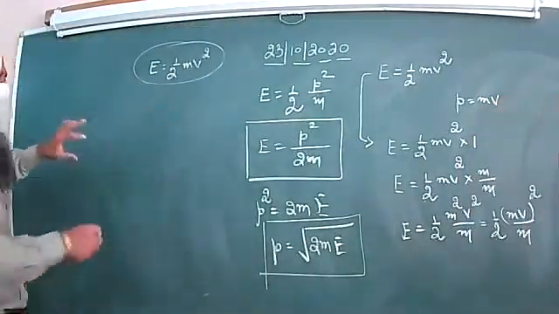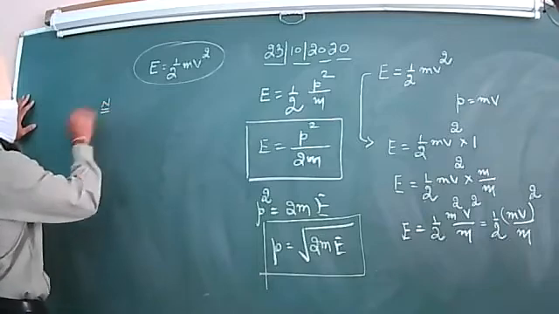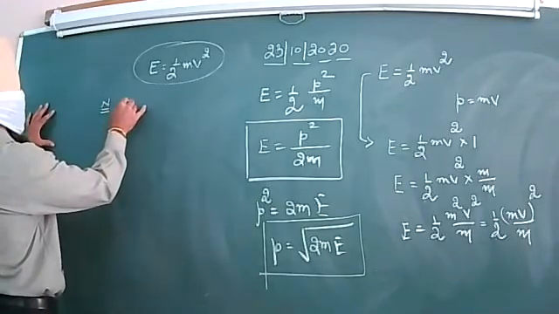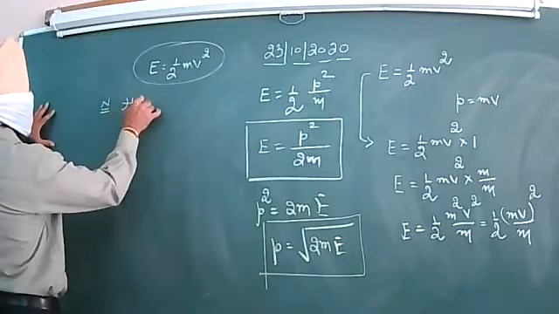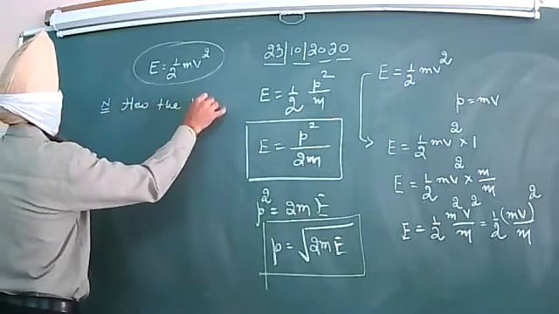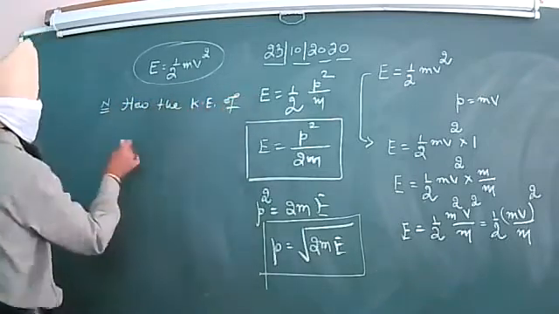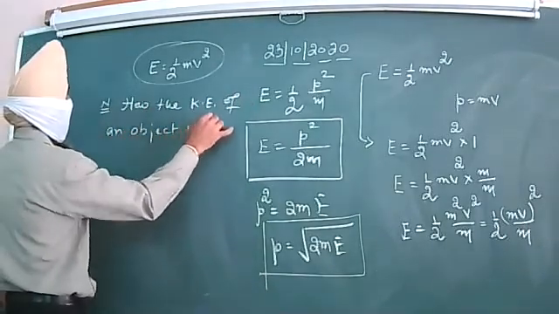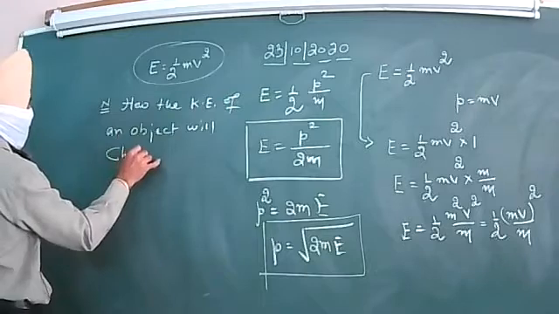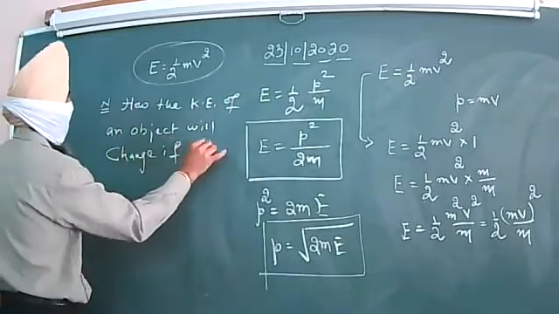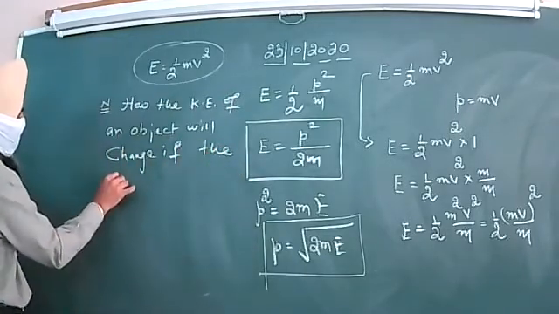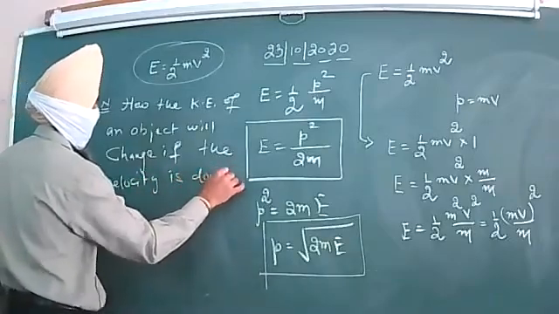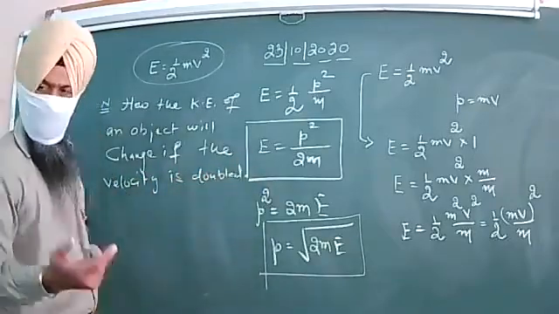So let us begin with a numerical problem. You can write it side by side. You can write how the kinetic energy of an object will change if the velocity is doubled.